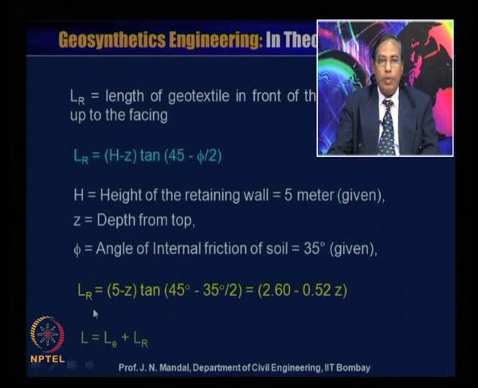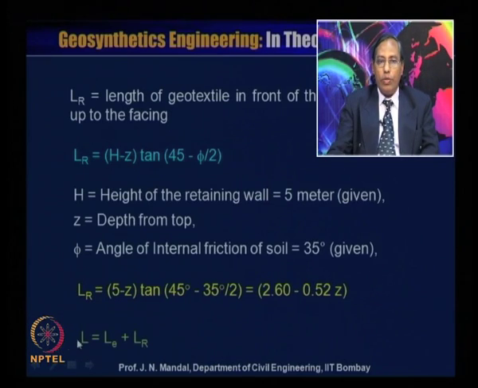So LR can be calculated. LR is equal to H, which is 5 meter height, minus Z into tan 45 degrees minus 35 by 2, that is equal to 2.60 minus 0.52 Z. So for any value of Z, you can calculate LR.